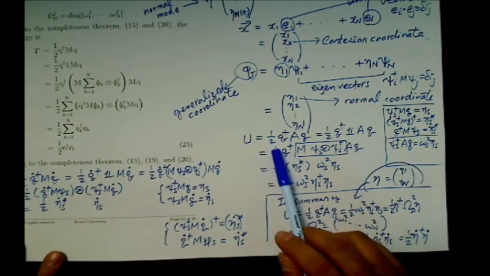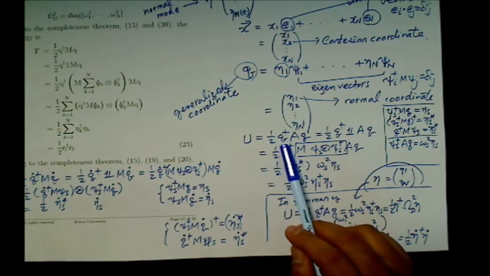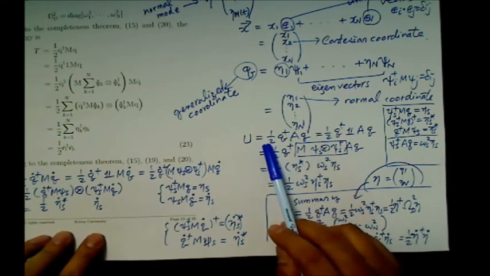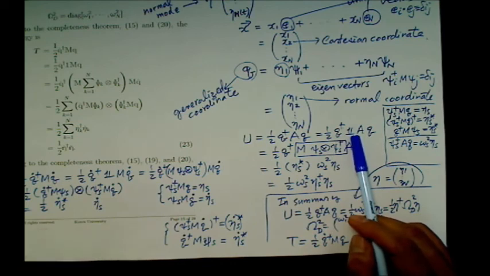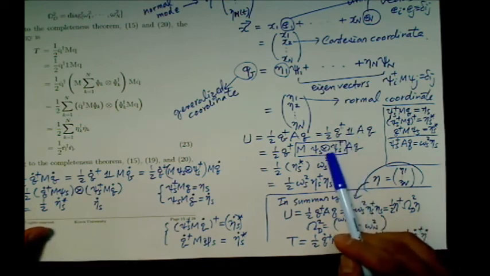For example, in the potential energy, we can insert the identity matrix by making use of the completeness relation.